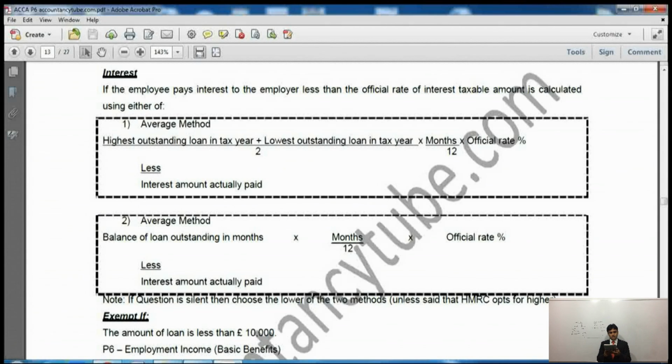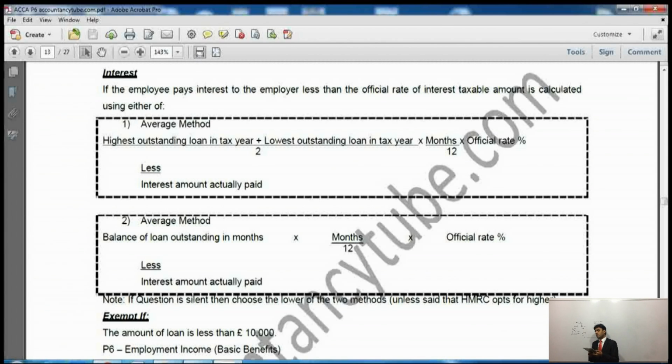Please make sure you rectify that. Now the second method is balance of loan outstanding in months. So whichever months the loan was outstanding in, I will have to multiply by months over 12, and multiply by the official rate of interest, which is 3%.